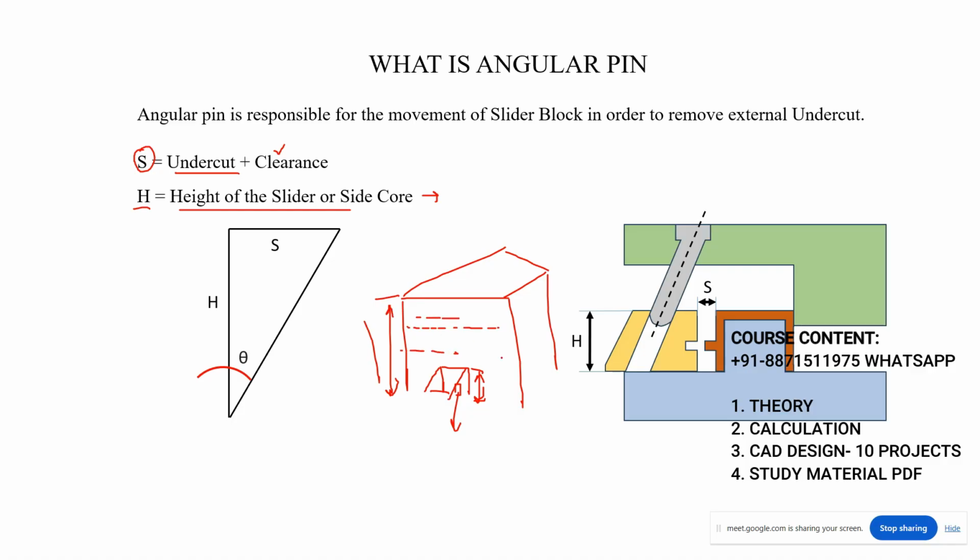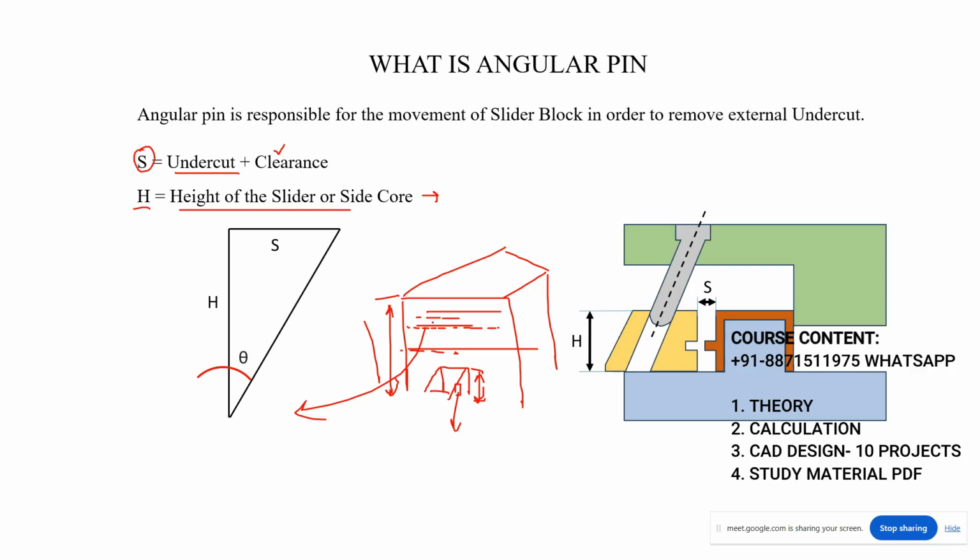Why? Because if I take the slider height here, this will create an extra parting line, right or wrong? We don't want to create an extra parting line on the component because of appearance, right or wrong?